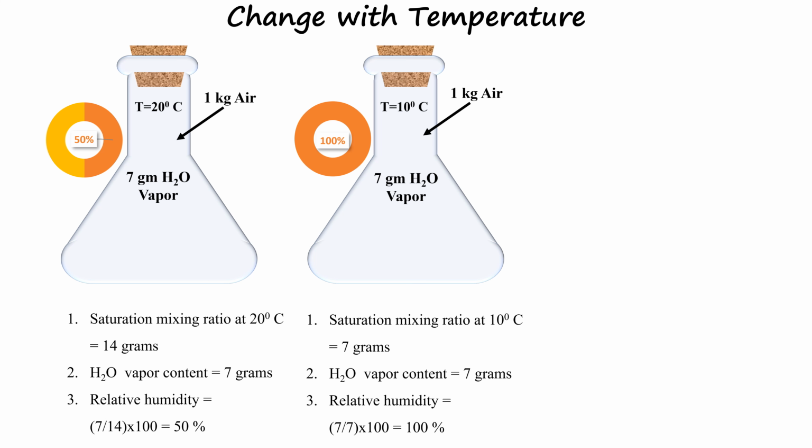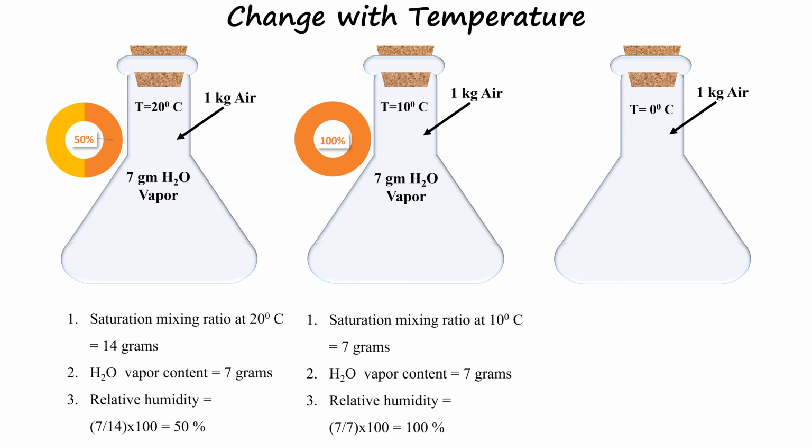This shows that as the temperature decreases, relative humidity increases until it reaches saturation. But what happens if we cool the beaker even more, to 0 degrees Celsius? The saturation mixing ratio drops to 3.5 grams per kilogram. You might wonder if the relative humidity could exceed 100%, but it doesn't. Instead, what happens is a bit of a condensation party.